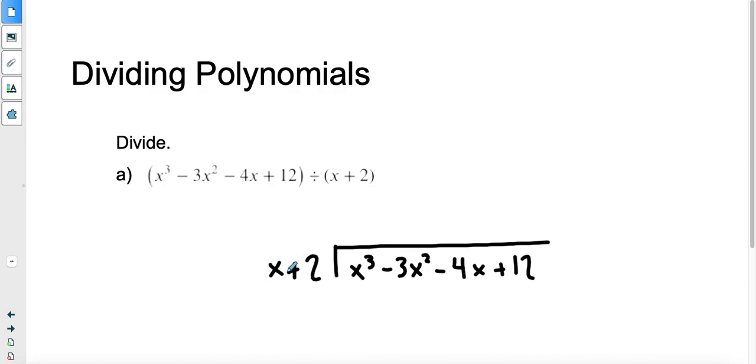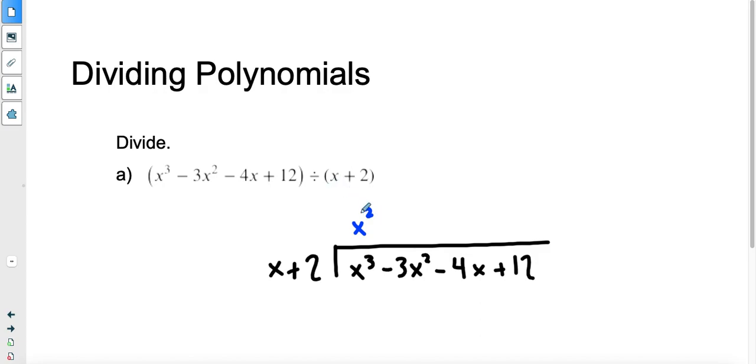Well, the first thing I'm going to do is, I have an x here and an x cubed here. So I can think about, what do I multiply the x by to get x cubed? Well, x times x squared gives you x cubed. So I'm going to put an x squared there.